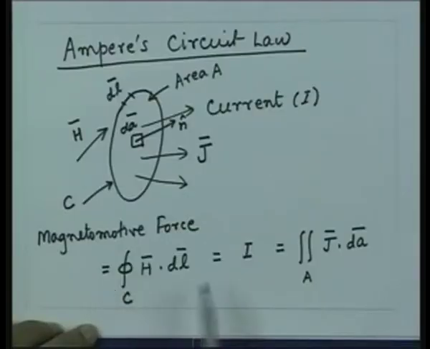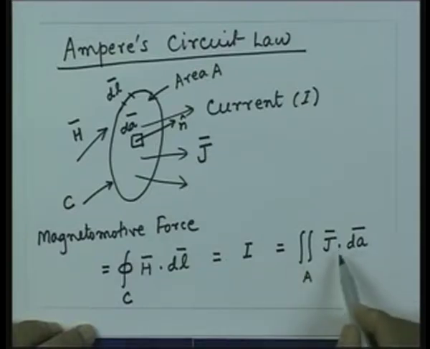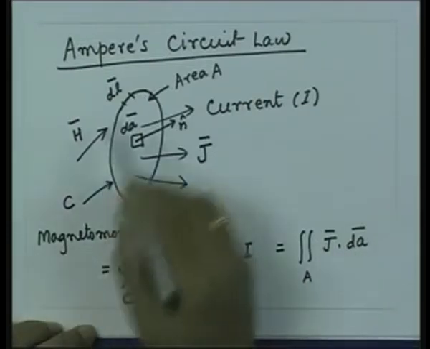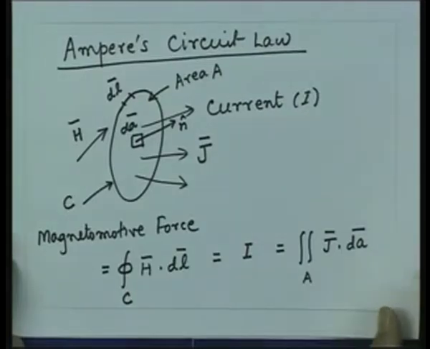So, from the Ampere's circuit law, the total magnetomotive force is equal to the total current enclosed by the loop, which is nothing but the integral of the conduction current density over the area of that loop. This is the integral form of the Ampere's circuit law.